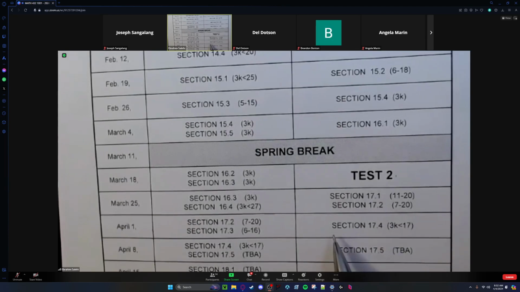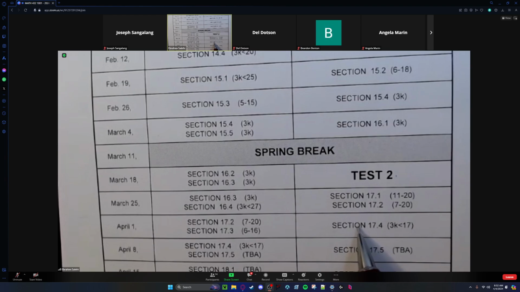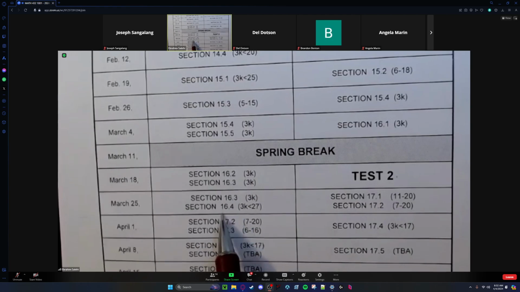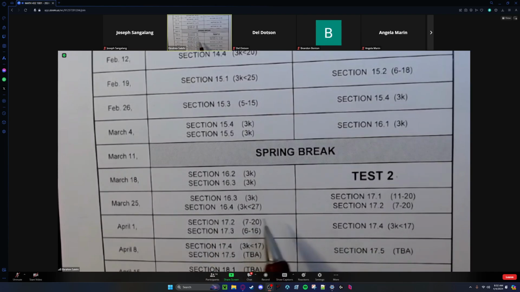Today's April 4th. But as you see, I am a little bit behind because I spent more time on section 16.4, which is an extremely important section, by the way. And as a result, I'm 1 week behind.